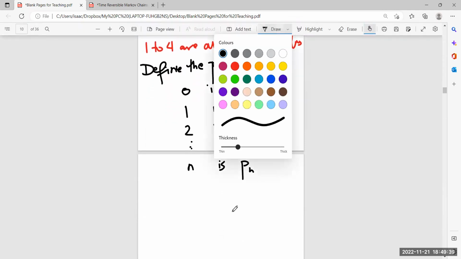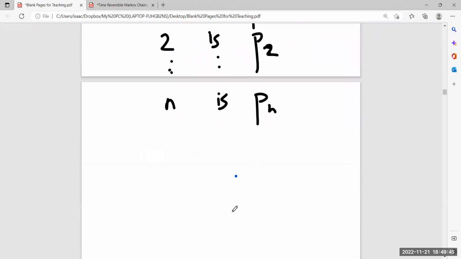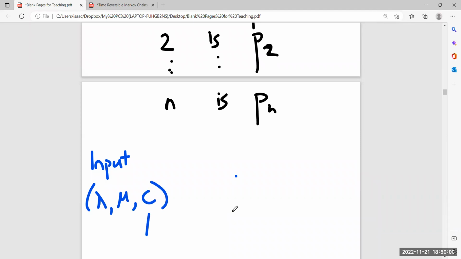So far we could think about this like this. Here is our input. We have the arrival rate lambda, we have the exponential rate mu, and we have C, which is the number of servers. In this case, C is equal to 1.